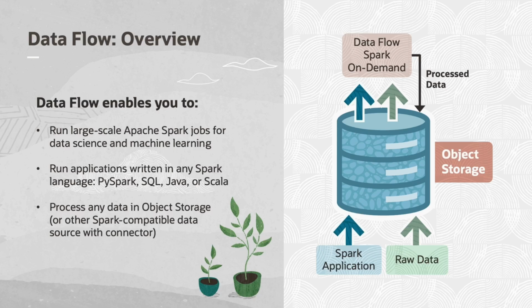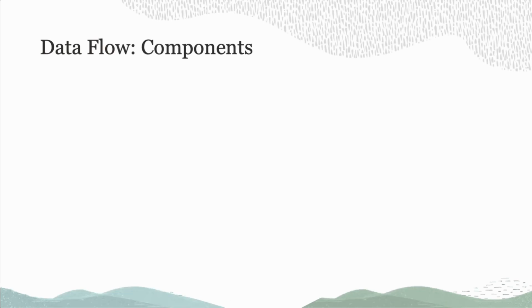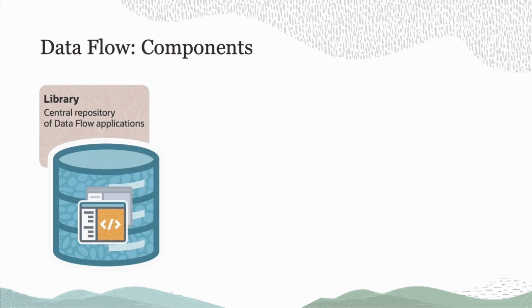Dataflow can read data from a variety of Spark-compatible data sources, as long as you include the connector in your application. However, it is really best suited to process data stored in object storage. Dataflow has four main components. The first one is a library, which is a central repository of Dataflow applications.